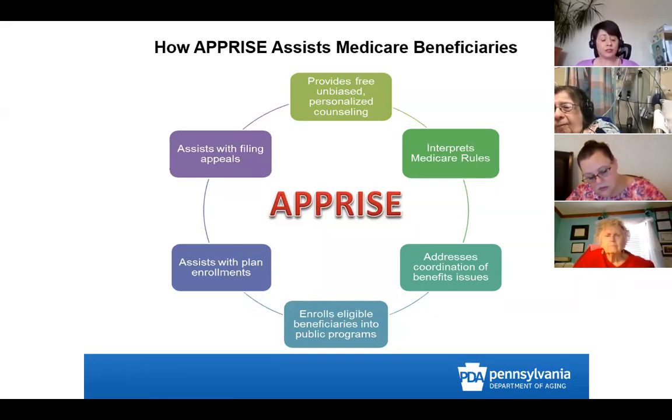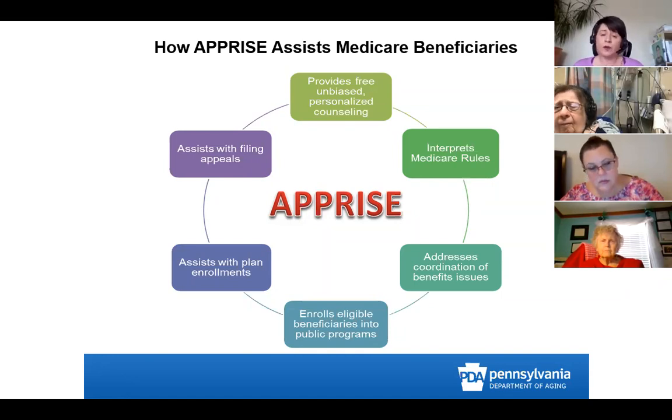In addition to providing that unbiased information, when a beneficiary selects a health plan like a Part D plan or a Medicare Advantage plan, our APPRISE counselors can also help them with their enrollment into that particular plan. We can actually do that enrollment for them over the computer.